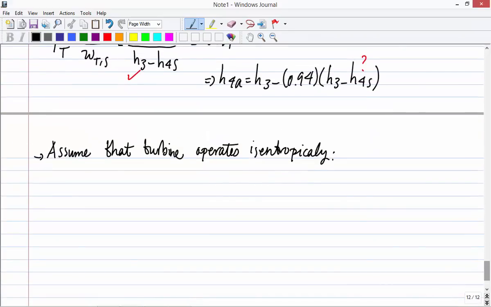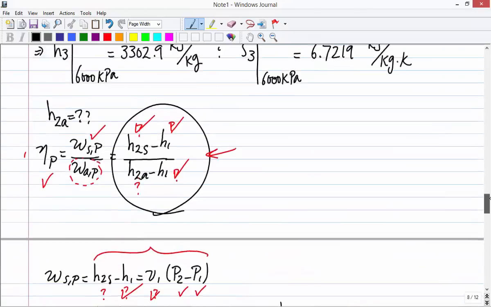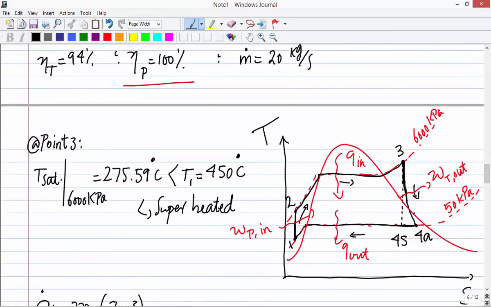So the process would be 3 to 4s isentropic. What does this mean? It means that we are coming straight down, vertically, from point 3 to point 4s, and that entropy would be constant.